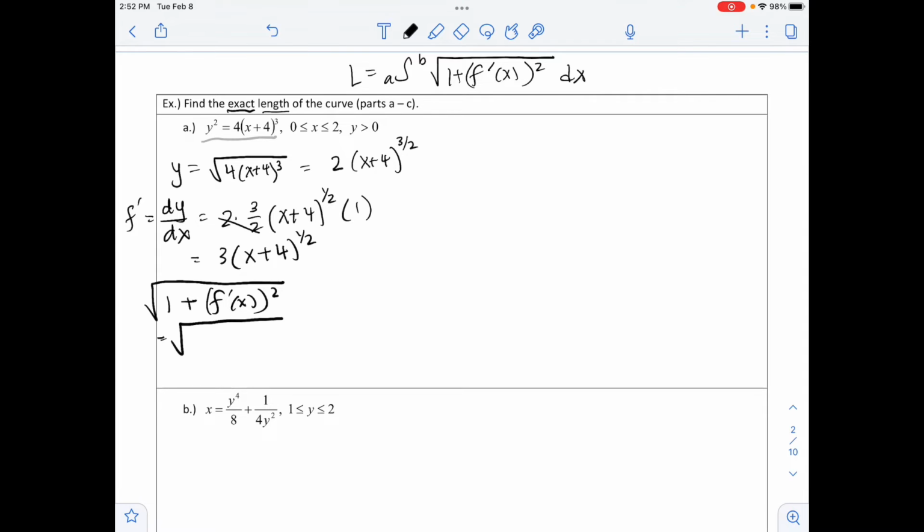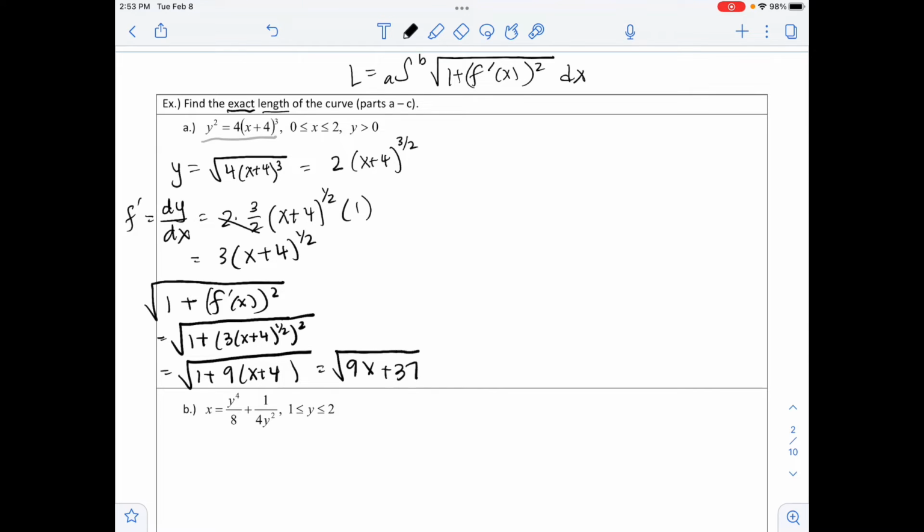So it's going to be the square root of 1 plus the derivative squared. So we're going to have the square root of 1 plus 9 times (x plus 4). And then from here we can simplify this a little bit more, and we're going to arrive at the square root of 9x, and then 9 times 4 is 36, plus the other 1 would be 37.